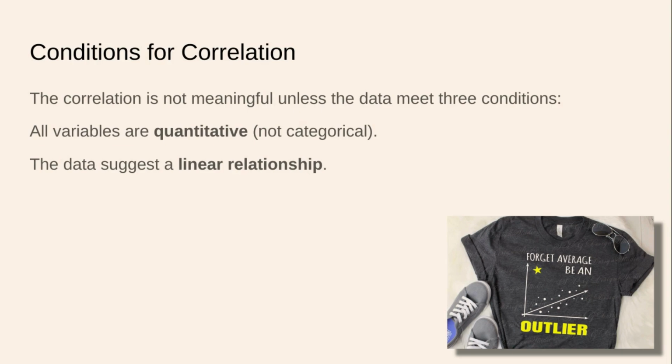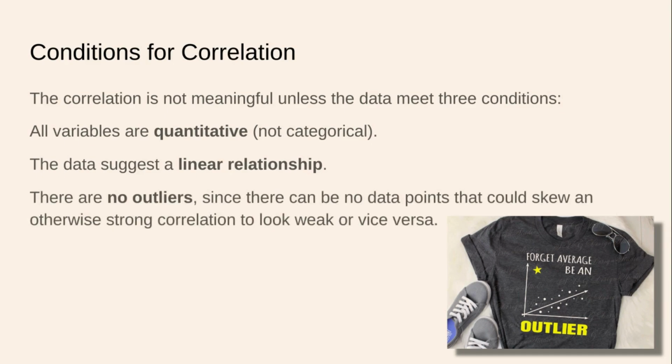What that means, though, is that they cannot suggest a nonlinear relationship. If you have a curved relationship for your points, correlation's not going to help you. It's in the definition of correlation itself. It's a measurement for data proceeding in a linear manner. All right? We don't want to use correlation for nonlinear data.